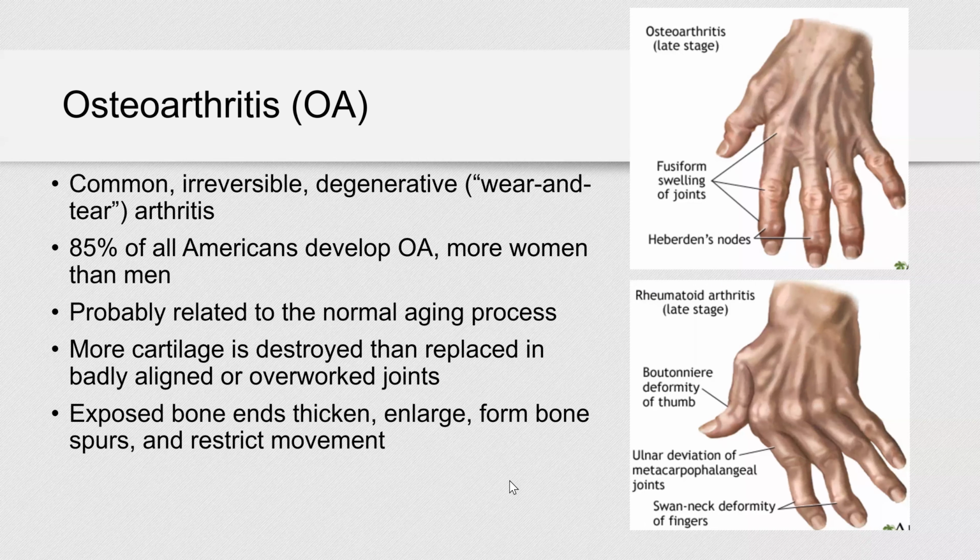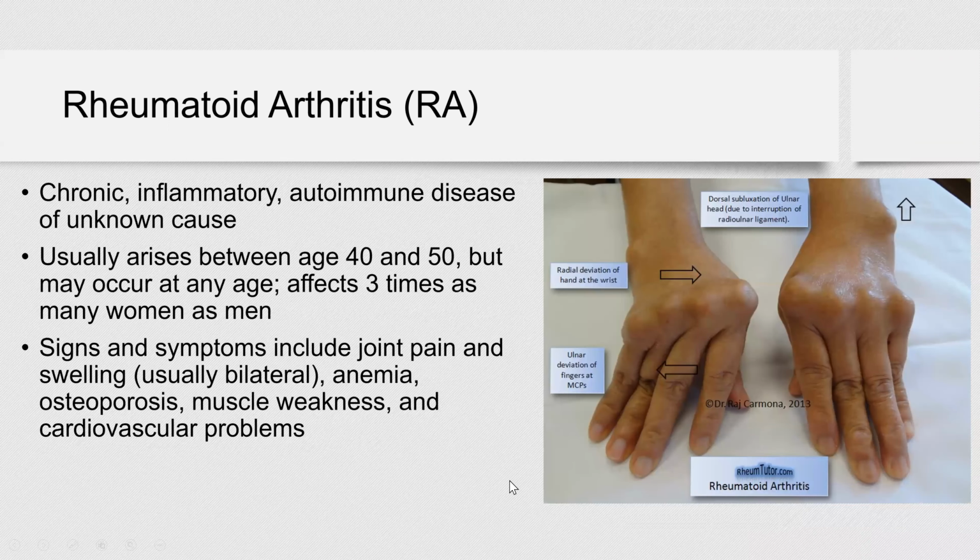So that's our next one, rheumatoid arthritis. This is an autoimmune disease of unknown cause. Your immune system attacks your own joints. It's chronic and inflammatory. It develops a little bit earlier than osteoarthritis, at age 40 to 50, but may occur at any age. And again, it's more common in women than men.